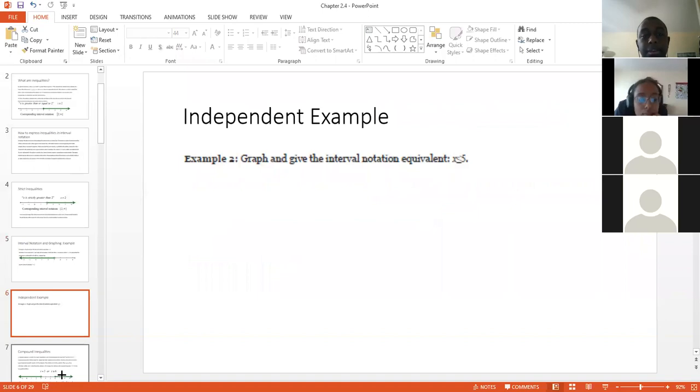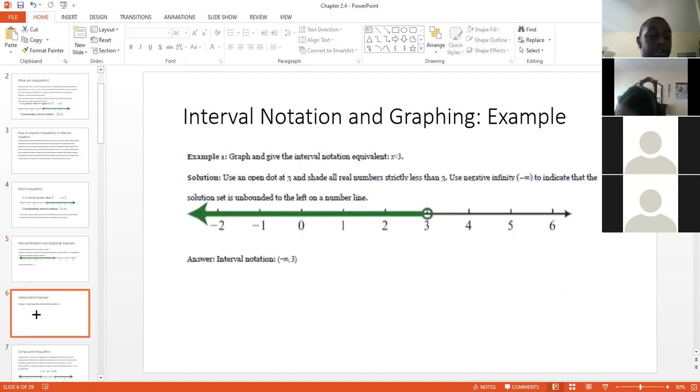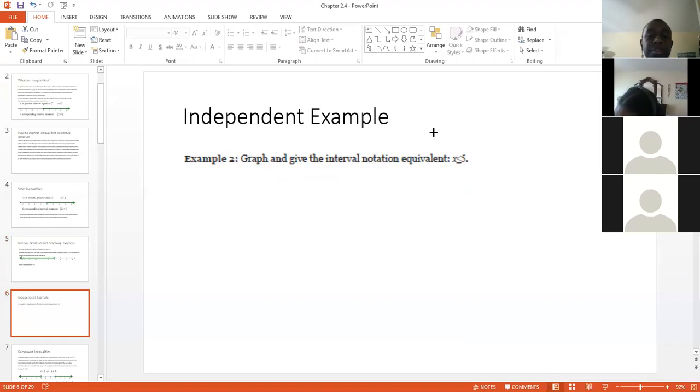Okay. So here, example number 2, graph and give the interval notation equivalent. x is less than or equal to 5. Use a number line, graph it, and put it in interval notation.